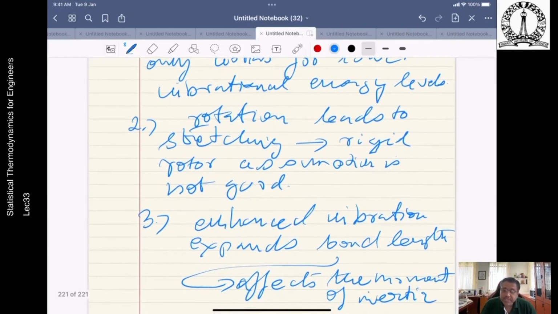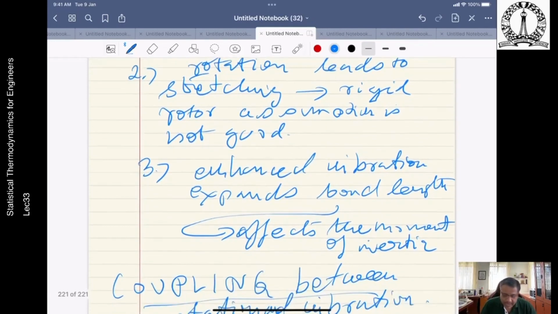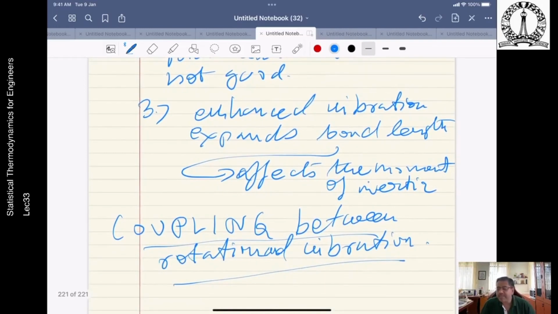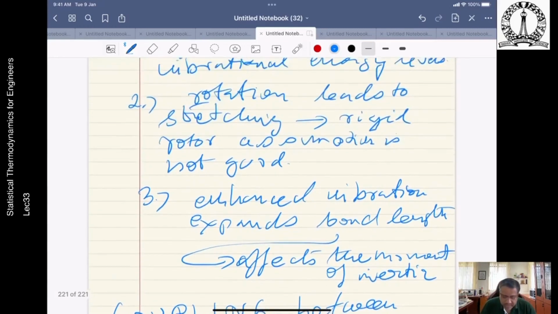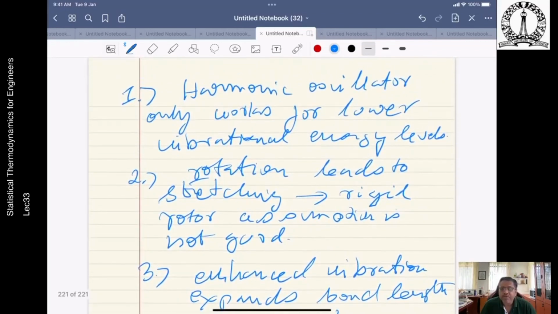The rotation leads to stretching, so the rigid rotor assumption is not good. And enhanced vibration also expands the bond length, and it affects the moment of inertia. Therefore, there is a coupling between the rotational and the vibrational energy modes. As a result, we need a more complex model to describe the rovibrational and the vibrational transitions, which we are going to do in this lecture.